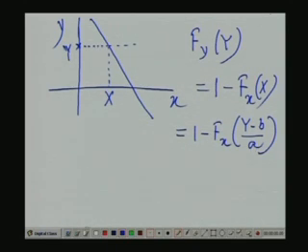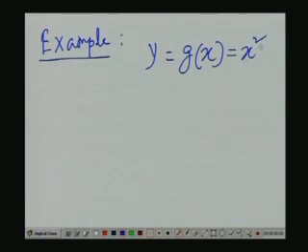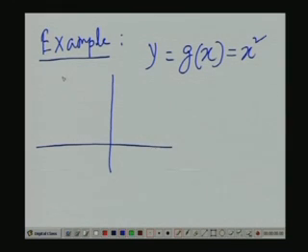We take another example. y equal to g x equal to x square.